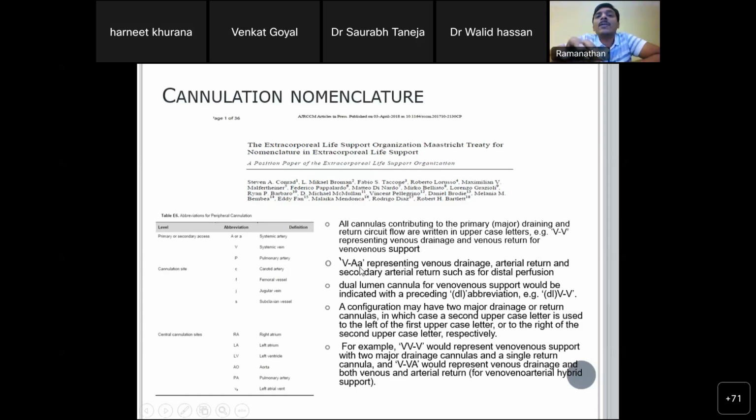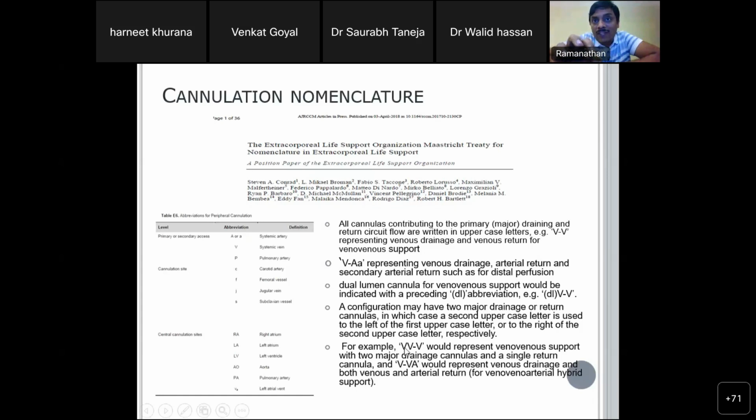Now, when this is supplemented by a small letter a, it only denotes that this patient has an arterial cannula for distal perfusion. Double lumen cannulas are abbreviated as DL. And let us say when you have triple cannulations, then you start using a hyphen in between these letters. So what does the hyphen denote?